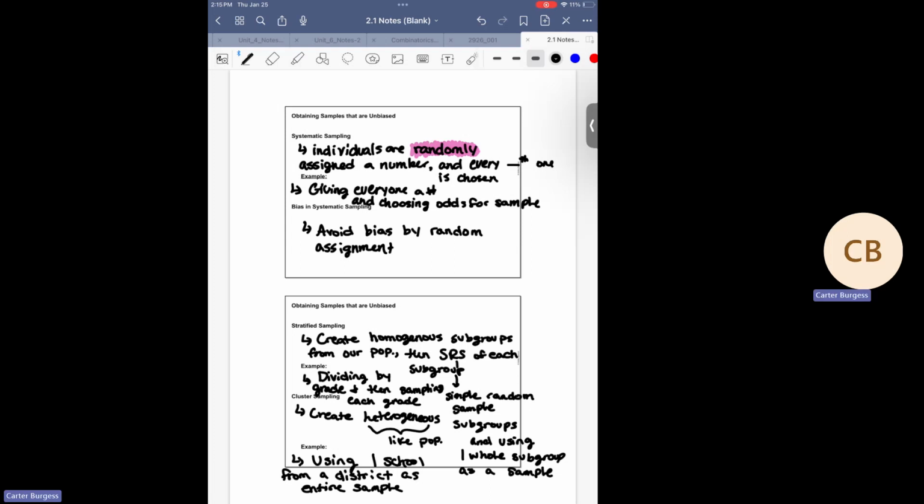But importantly, the subgroups that we are creating are not all red or all blue or all gray. They are similar to the population, and then we're using one of the subgroups as the sample. Questions here about our types of sampling? So there's simple random, systematic random, stratified, and then cluster.